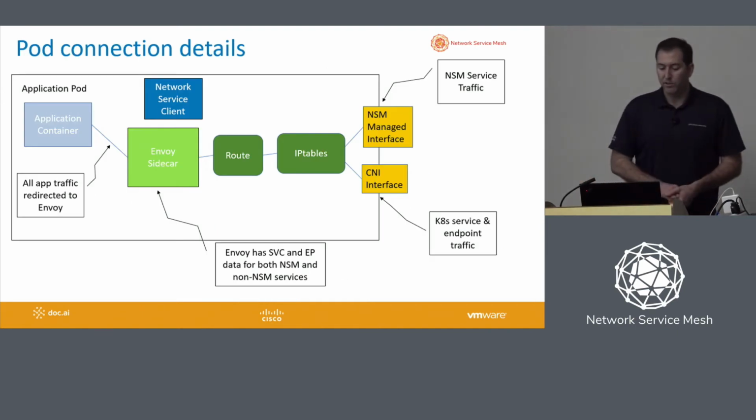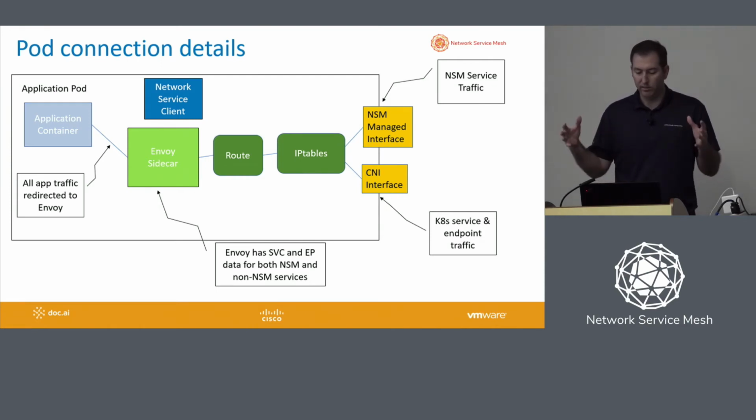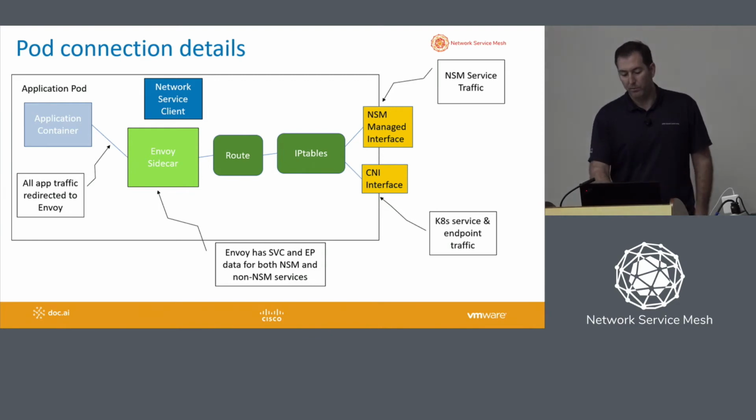So what actually happens inside the pod for the application? This is an attempt to describe that. On the left side is the application container we all know and love. And on the far right bottom, there's the CNI interface that Kubernetes plugs in. In between, with the normal Istio case, you have IP tables and routing stages.